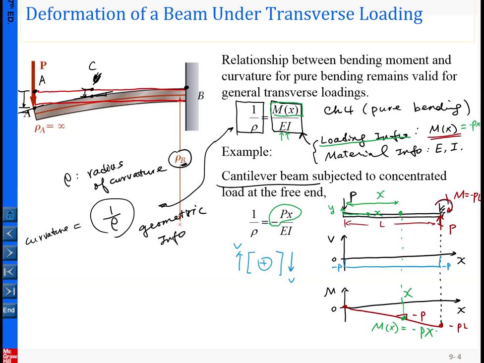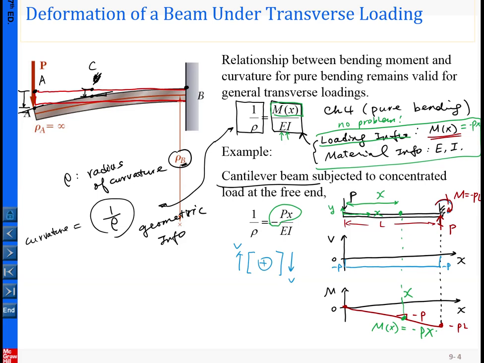So now the issue is this: the right hand side we basically have no problem. For the right hand side information, there should be no problem, assuming you have been doing well. Now the issue is how do we deal with the left hand side, the geometric information. That is the main purpose of this section.